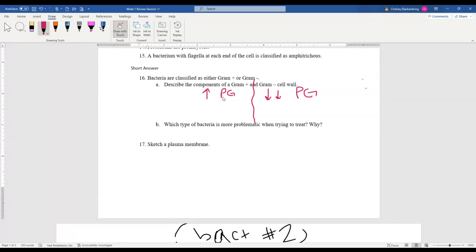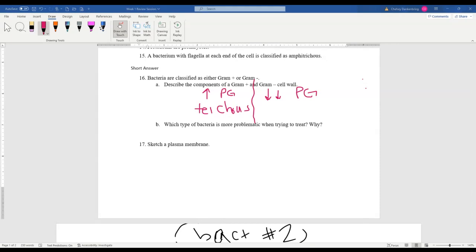We need to make sure that the peptidoglycan for our gram positives stays attached to the rest of the cell, okay? And so it's going to have that teichoic acid, which is going to anchor the peptidoglycan to the plasma membrane. That's not how you spell teichoic. I'm going to put it in the chat, y'all. Trying to write with this mouse is slowing me down way too much.